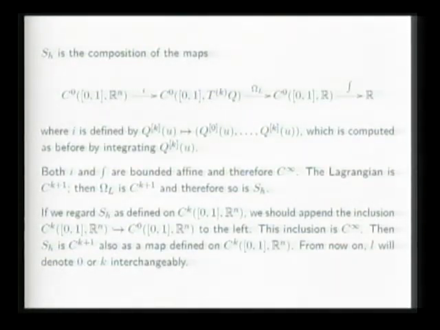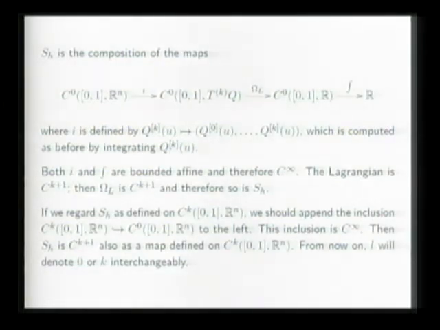If now we regard SH as defined on the Ck curves, we can append on the left here an inclusion Ck included in C0. That inclusion is also C infinity, it is linear and bounded. And also SH will be, for the same reason, a Ck plus 1 map defined on this space of Ck functions.